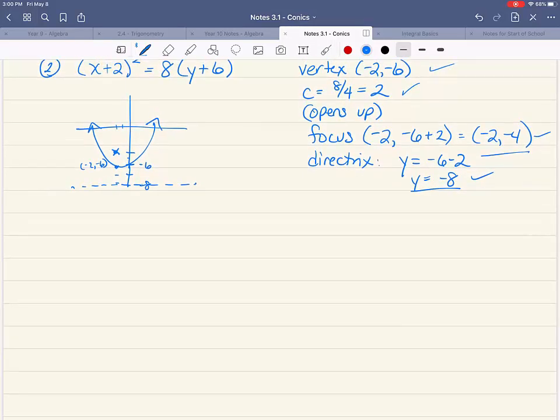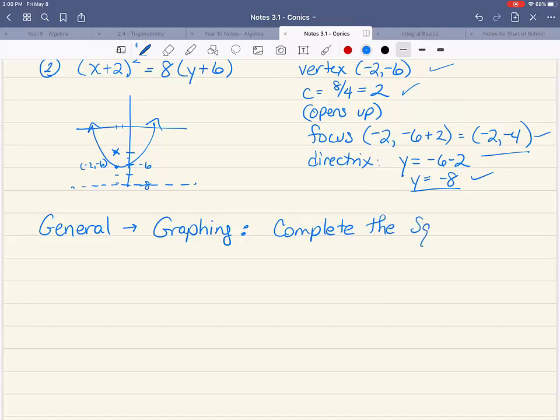Finally, let's talk about how to change from general form to graphing form. And as we have done for every single lesson so far, it is a variation on complete the square. The big difference here is that since only one variable is squared, you're only going to complete the square once.